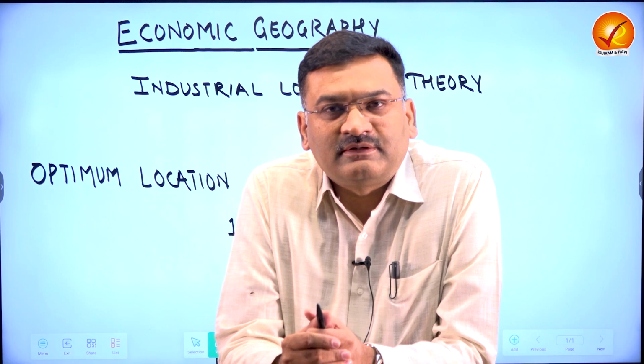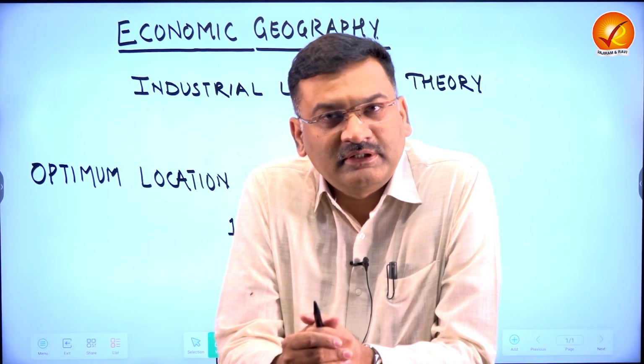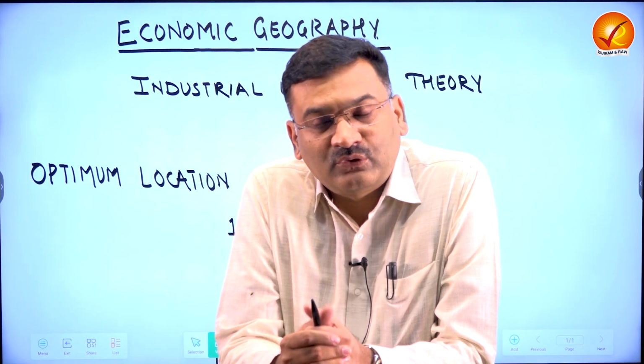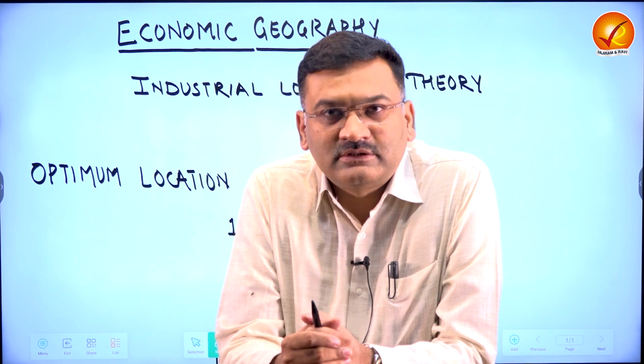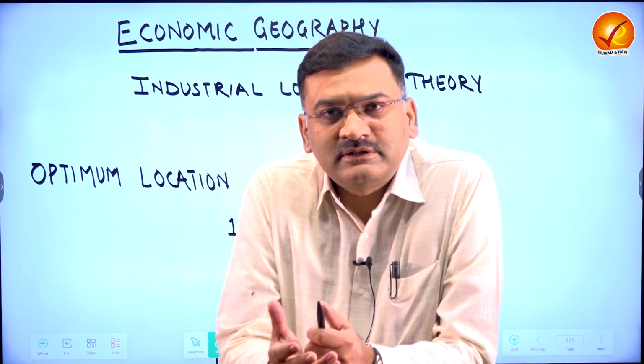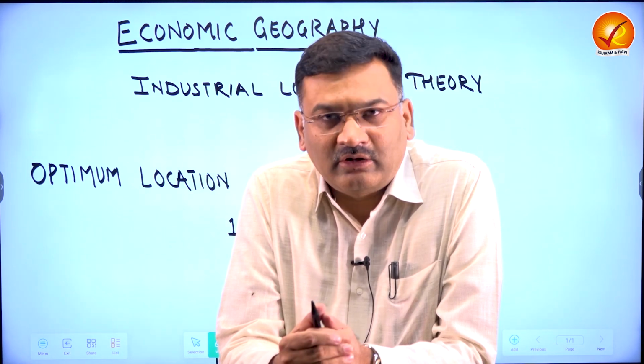So what is industry? Industry is an economic landscape. In the context of geography, we consider industry or industrial activity or secondary activity as the economic landscape, and this is the result of man interacting with the physical environment.